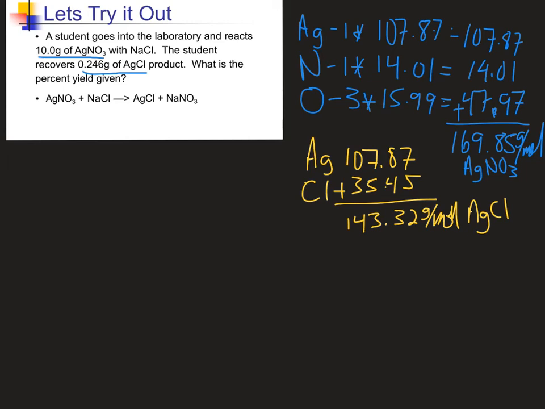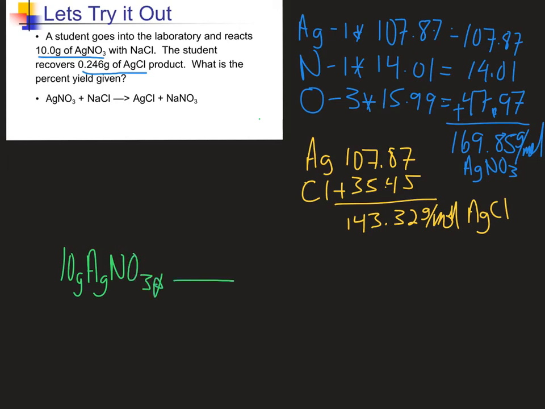And so now when we start putting this all together, we have to start all the way with our 10 grams of silver nitrate.